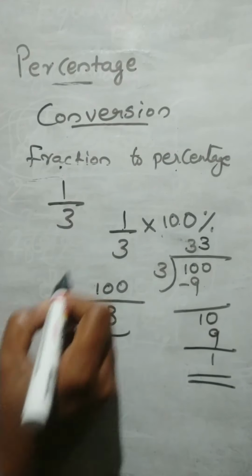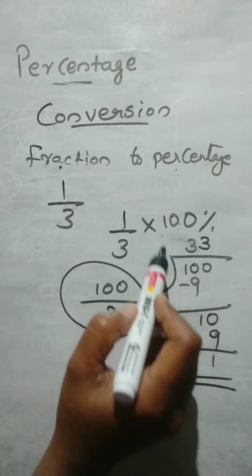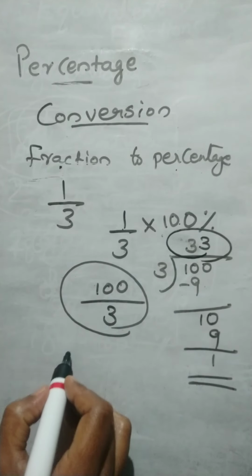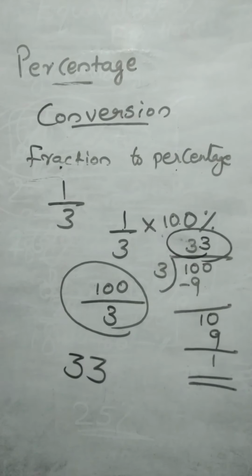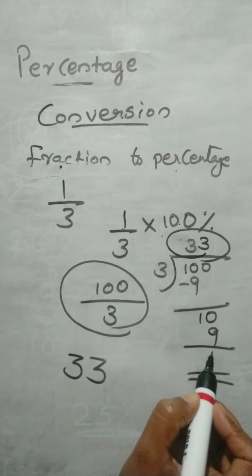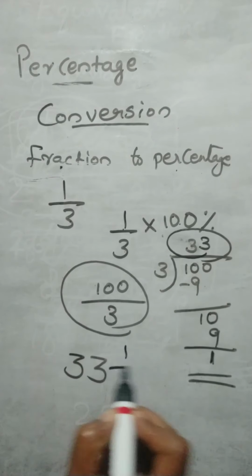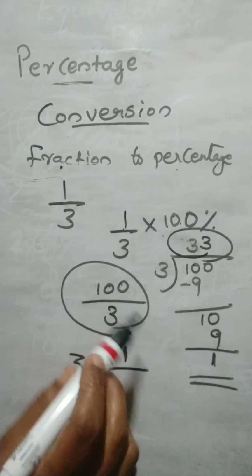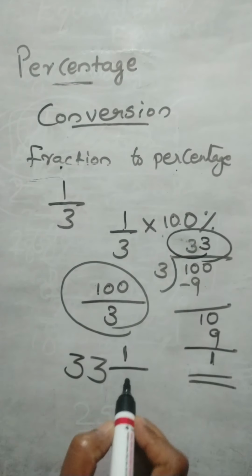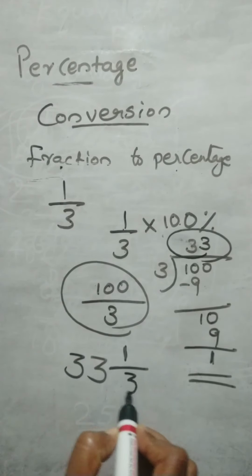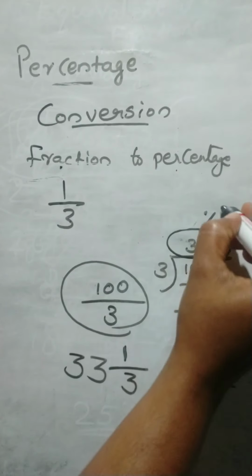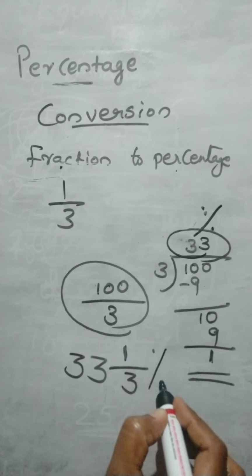So we can write the mixed number here. This is the quotient, and this quotient will be the whole number: 33. Then this remainder will be the numerator, and this 3 will be the denominator. Denominator is always denominator. 33 and 1 on 3. Then this part is completed. Then the percentage symbol, we have to keep it there.